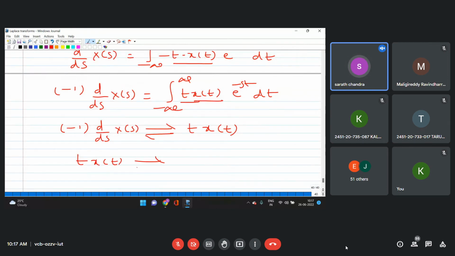If I apply Laplace on this, I'll get minus 1 times d by ds of x of s. This is what the proof is. Or I can write this as inverse Laplace transform of x of s. So this is how we can prove. Is that clear?